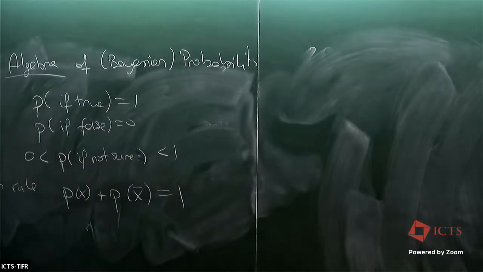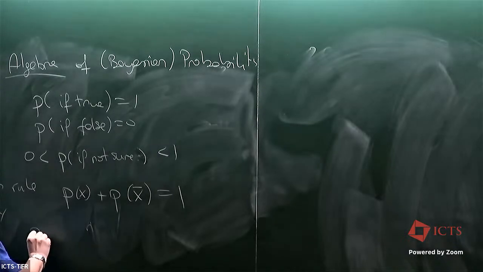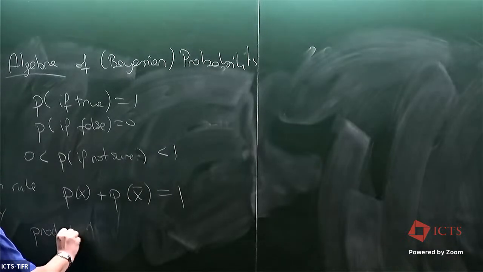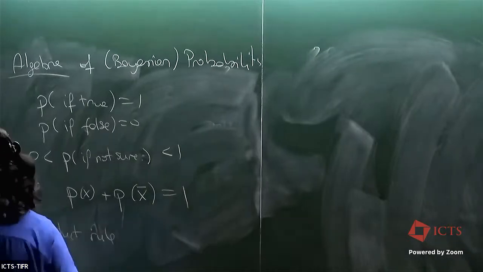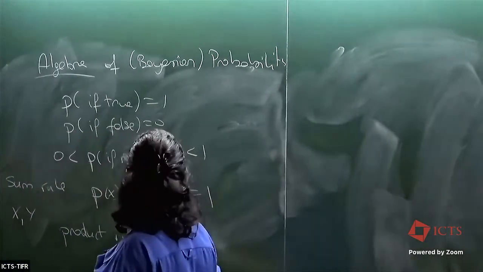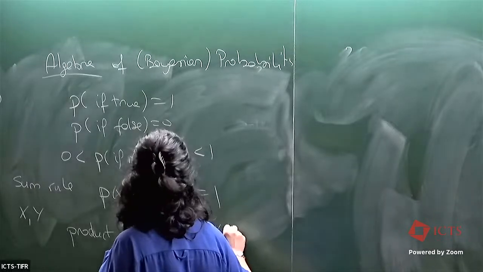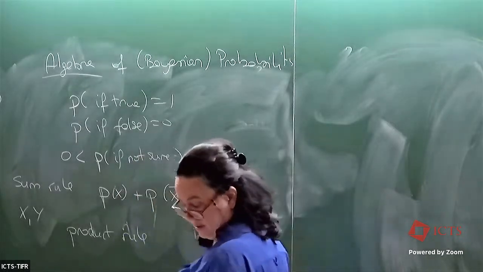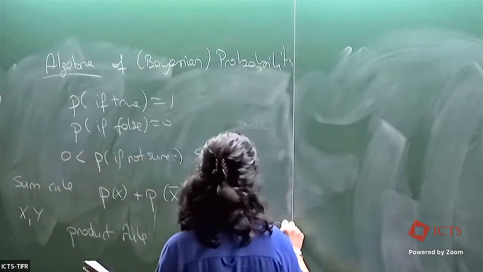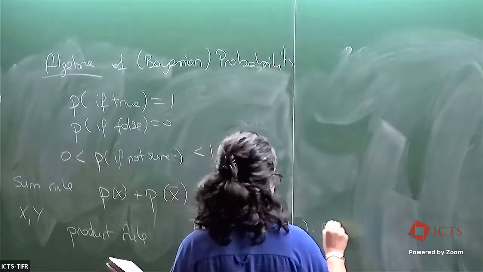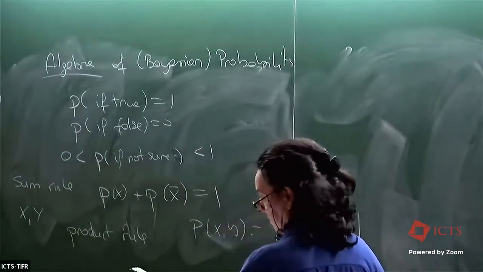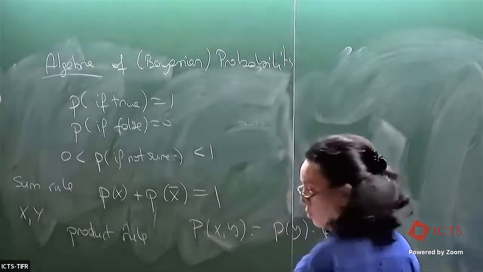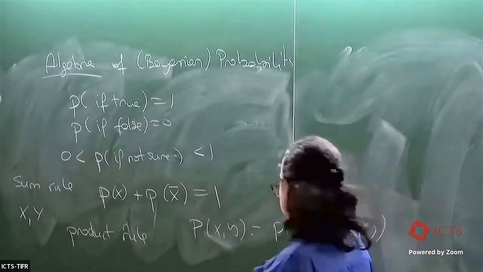If I have two statements, x and y, then using the product rule I can define the joint probability of x and y as the probability of y times the probability of x given that y is true.